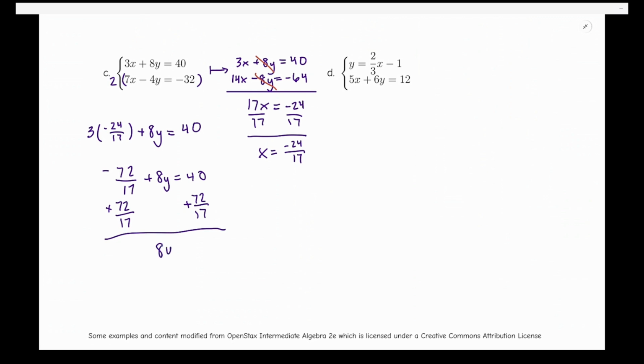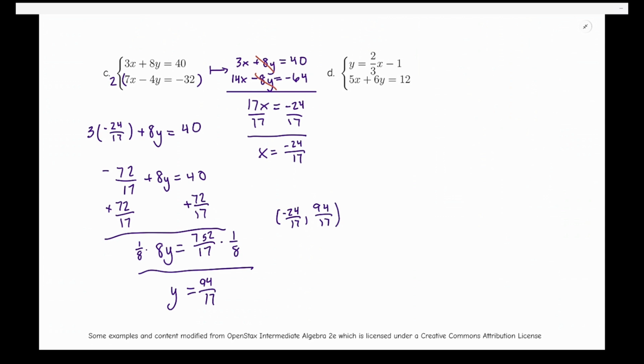Get 8y is equal to 752/17. And then because I have a fraction, I'm not going to multiply or divide by 8. I'm going to multiply by 1/8 on both sides. And we get y equals 94/17. So our answer is negative 24/17, comma 94/17.